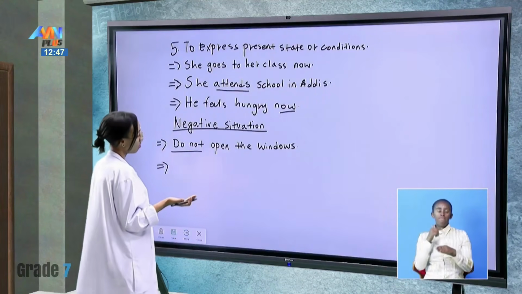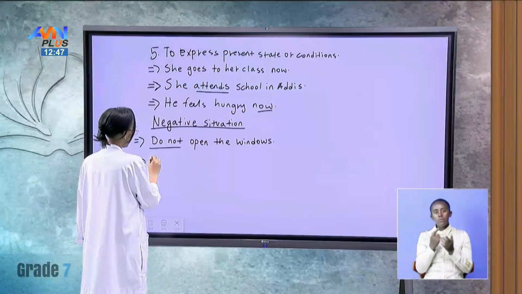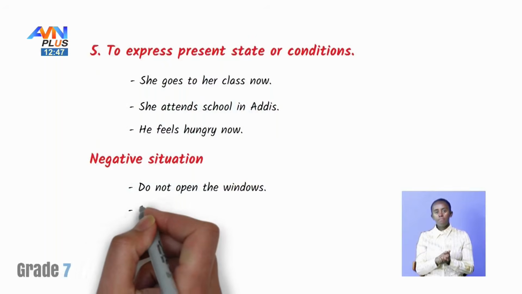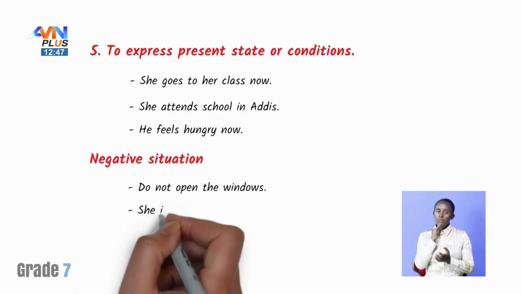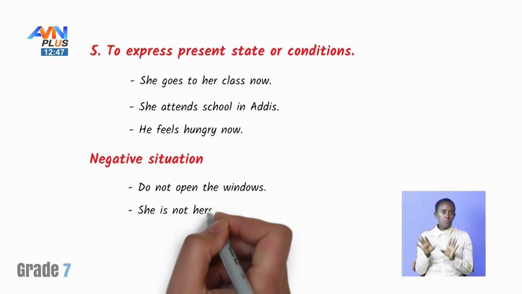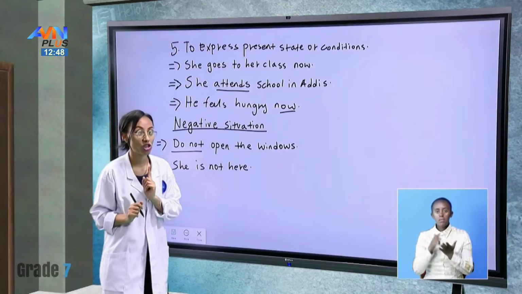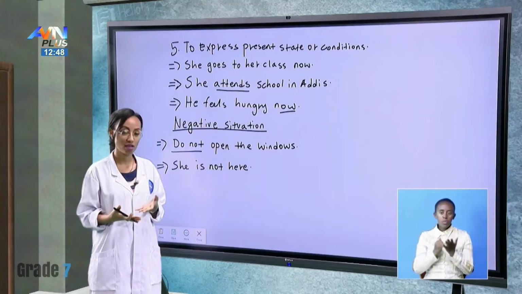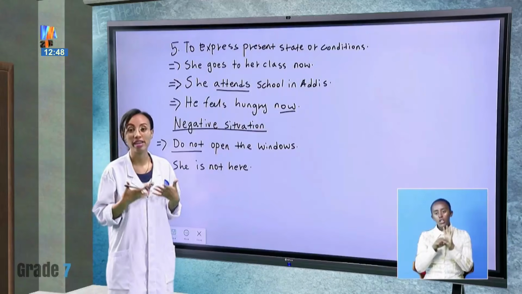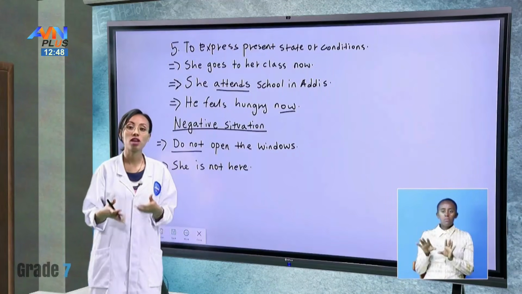Okay, another negative idea that we could talk about is she is not here. Again, we have a negative idea. But in this case, it's not an instruction. It's only negative. We're showing negation of an idea. She is not here. Instead of her being here, she is not here.